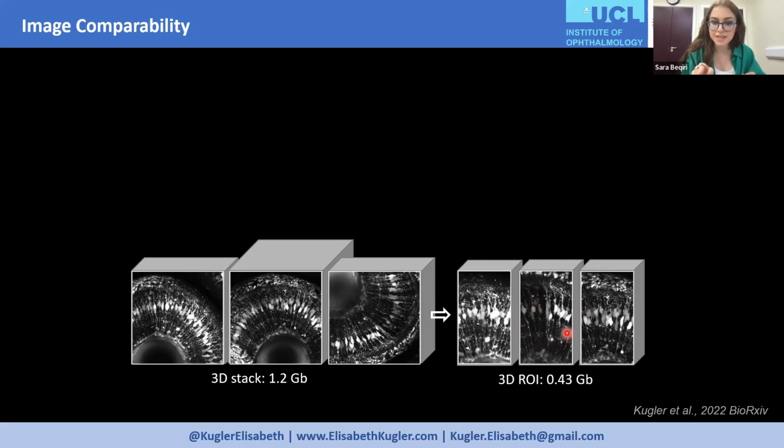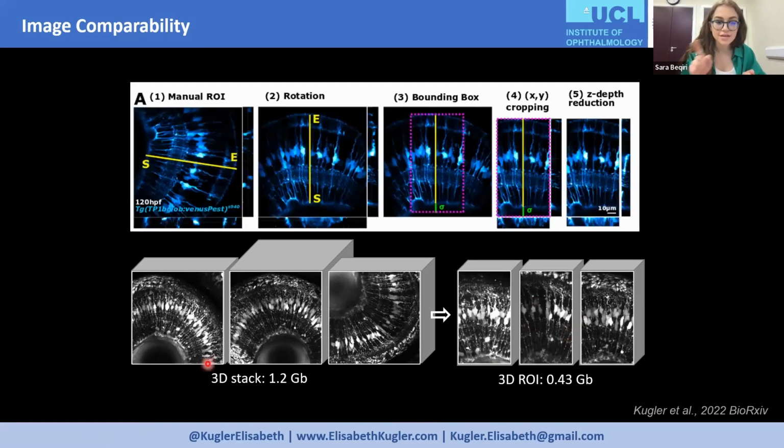So if we click on the next. Yeah, exactly. What we do with the subregion tool is extract a region of interest by using a line selector, which you see there. It will then rotate all of the images using that line as its guiding orientation.